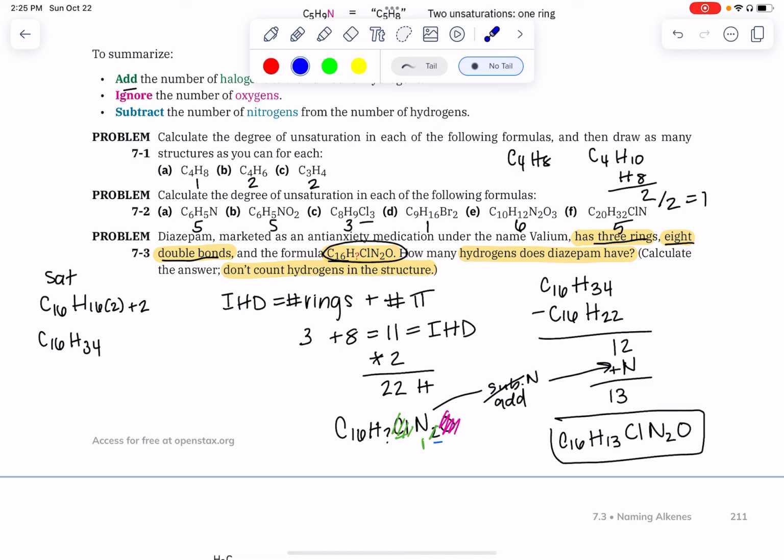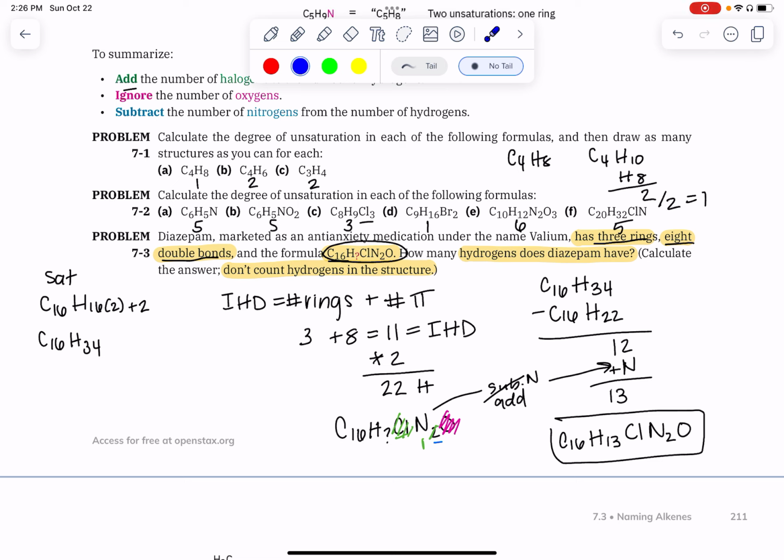Then you would subtract the unsaturated from the saturated. That gives us how many actual hydrogens we're missing. And then we add in our other elements or subtract them. We just do the opposite of what the sign is. So if it's adding, we subtract. If it's subtracting, we add. And that's how we end up with 13.